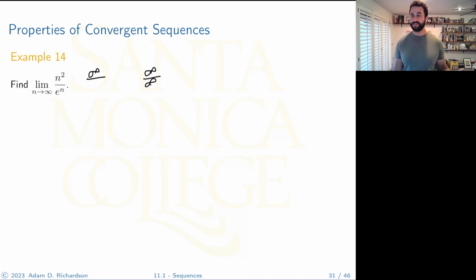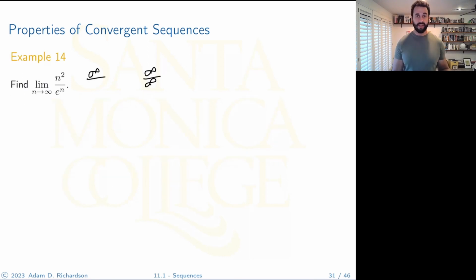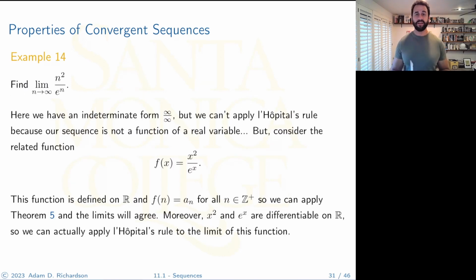It's off limits. However, if you perform a real variable extension and you instead pass to a function of a real variable that's defined on the real numbers, then you may be able to apply something like L'Hopital's rule, provided that that function is differentiable and then continuous. So let's look at the argument. We've got an indeterminate form. But let's consider the related function f of x equals x squared over e to the x.